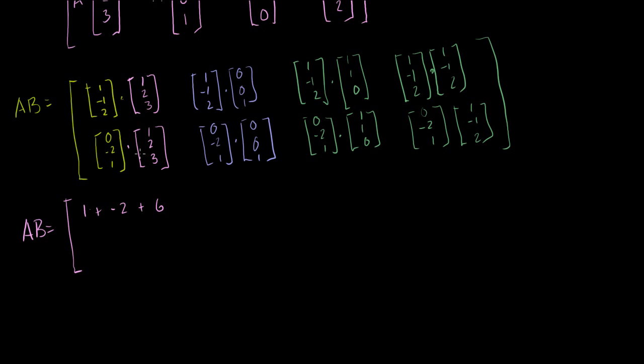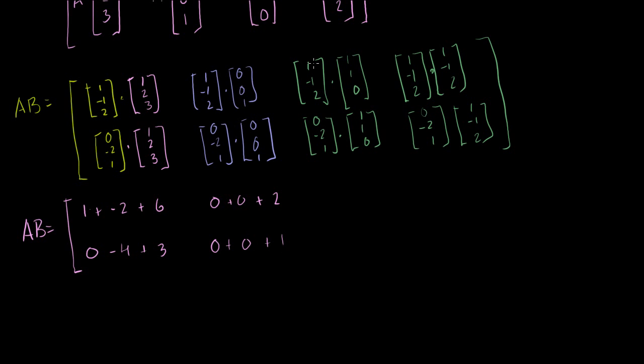Now we'll do this term right here. 0 times 1 is 0, plus -2 times 2, so that's -4, plus 1 times 3, plus 3. Now we're on to this term. 1 times 0 is 0, plus -1 times 0, plus 0, plus 2 times 1 is plus 2. This term, 0 times 0 is 0, plus -2 times 0 is 0, plus 1 times 1. So plus 1.